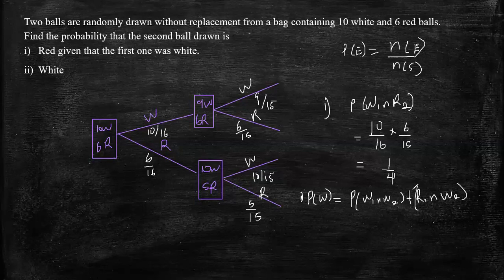So this will give us 10 out of 16 multiplied by 9 out of 15, then we add 6 out of 16 multiplied by 10 out of 15.